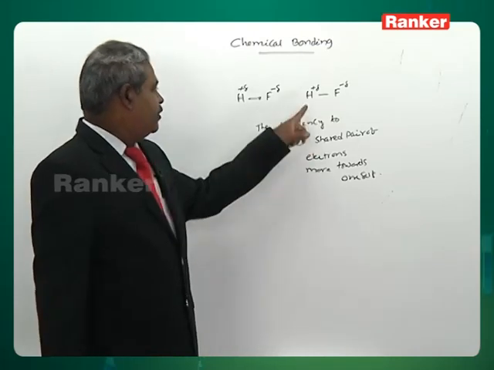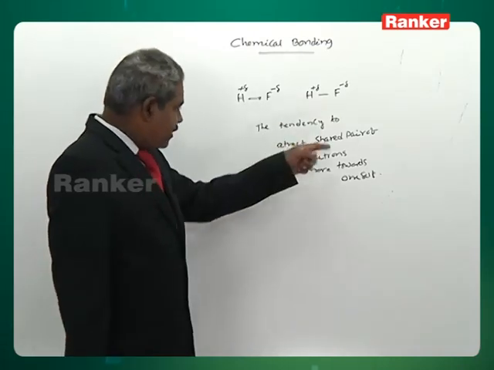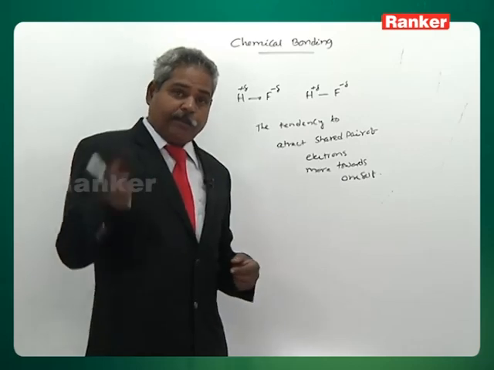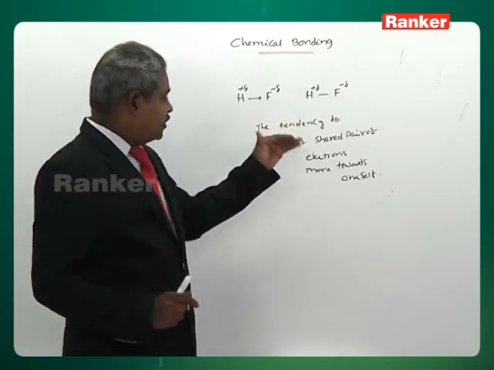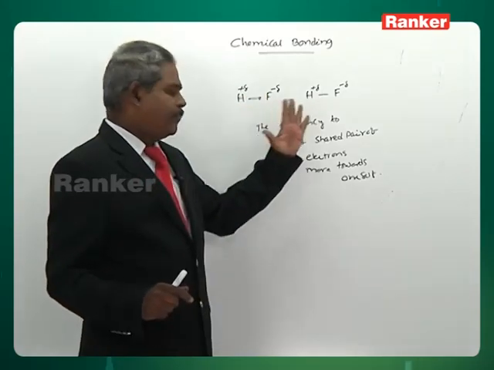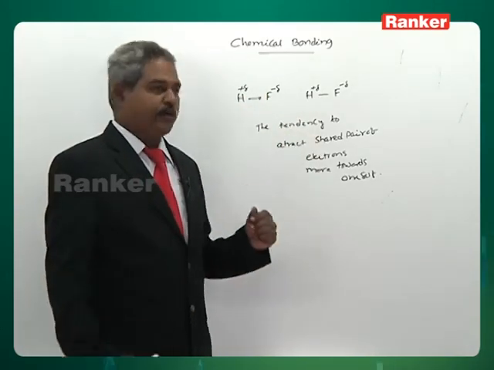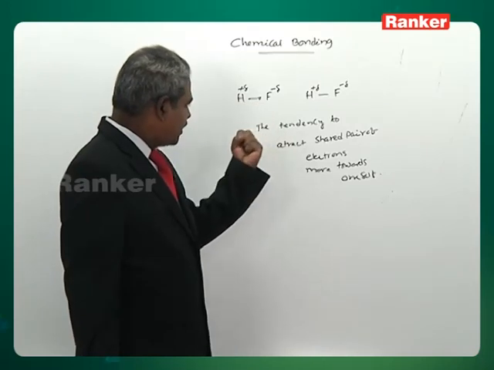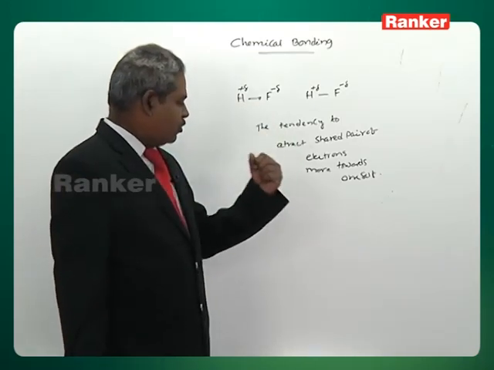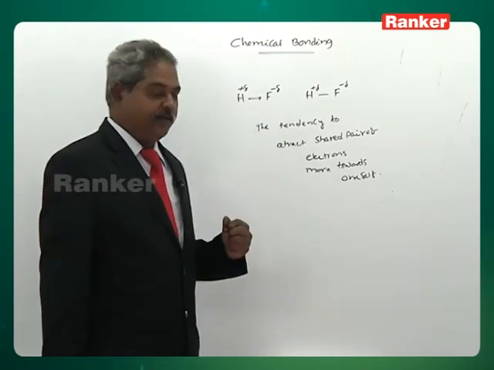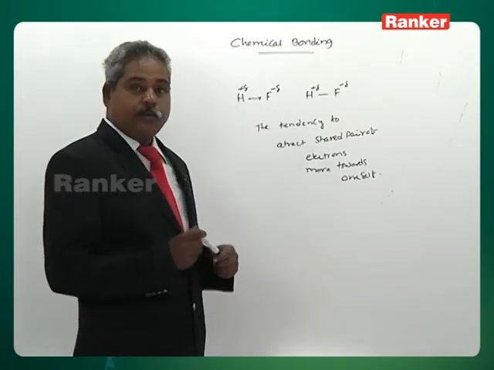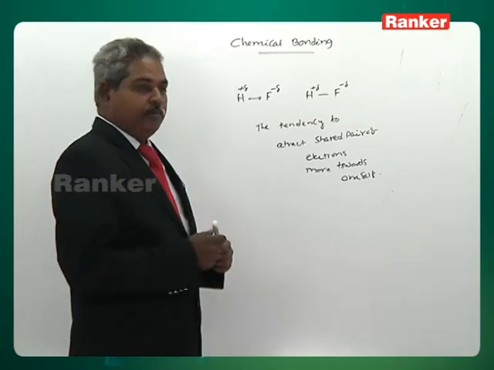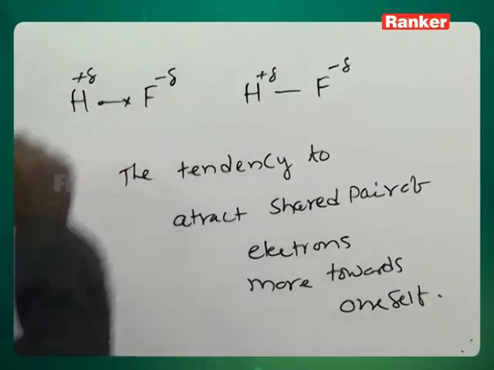Now only I will be able to discuss this, because it is about the shared pair being close to one atom. So that's why earlier I did not even attempt to define it. The tendency to attract the shared pair of electrons more towards oneself is called electronegativity, and because of electronegativity an atom becomes partially negative, minus delta, partial negative charge.